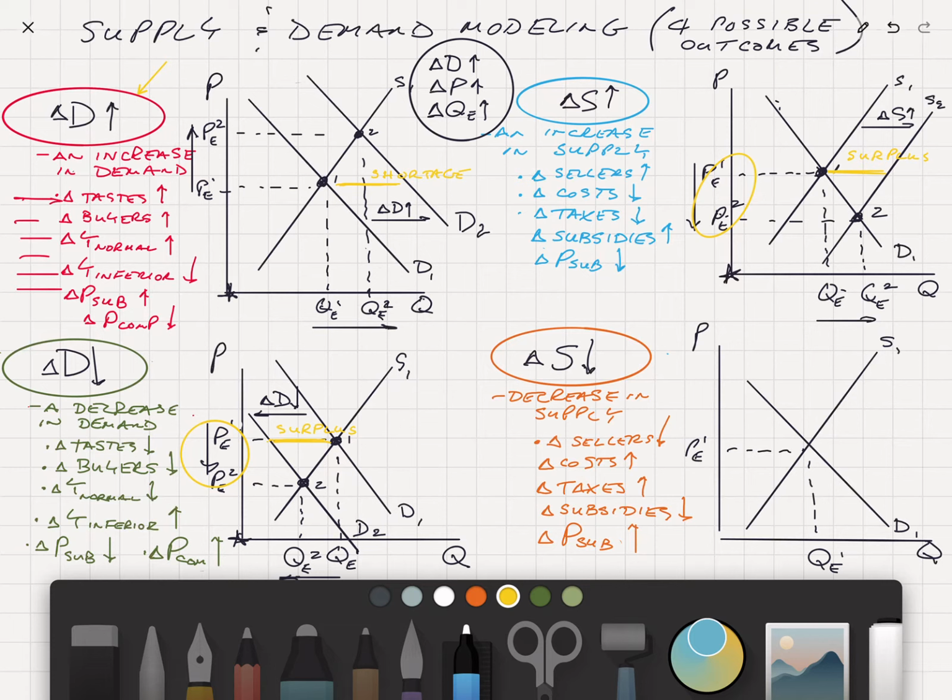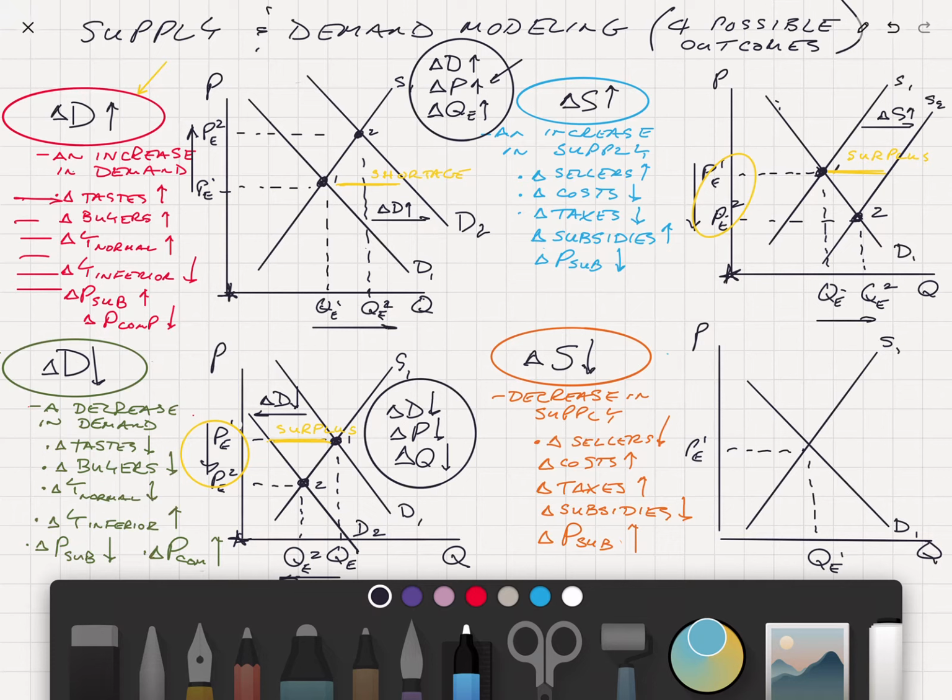Let me backtrack for just a second because I think this is kind of important. Let me go back to the lower left and talk about demand. Anytime you have a decrease in demand, you're going to have a decrease in price and a decrease in quantity. So when you're stuck on a test or you're trying to evaluate stuff that's going on in the market, if it's a demand side change, all the arrows move in the same direction.